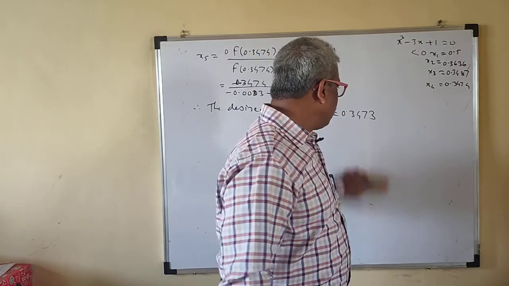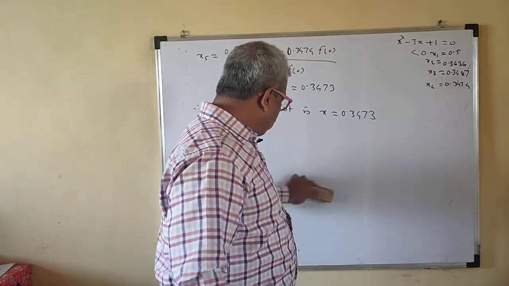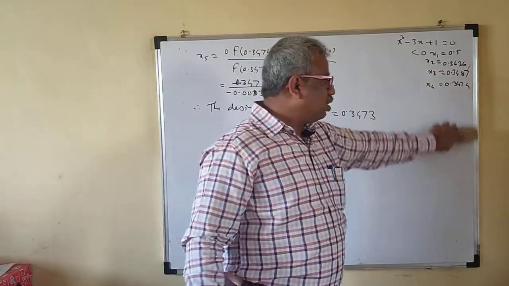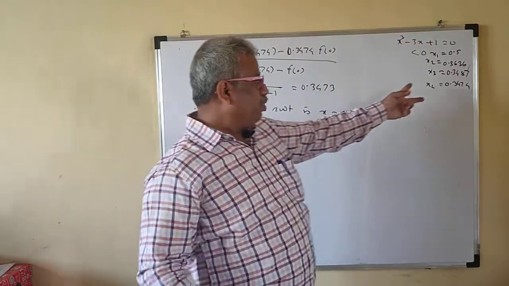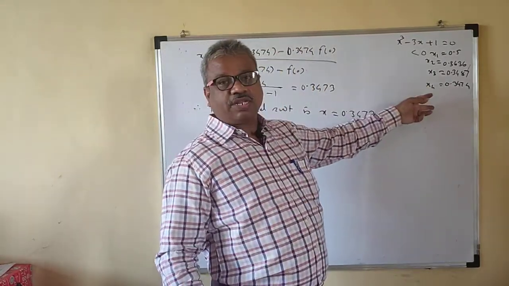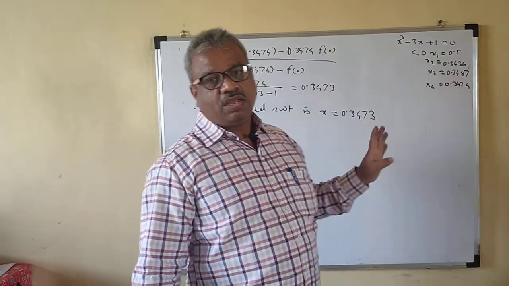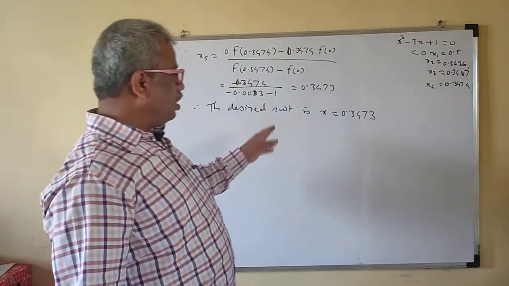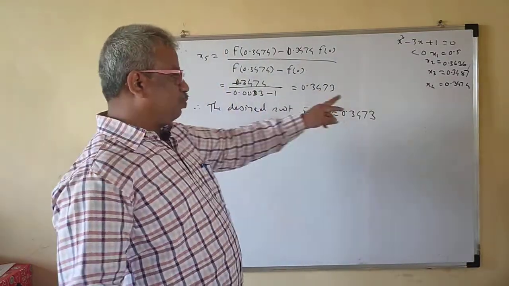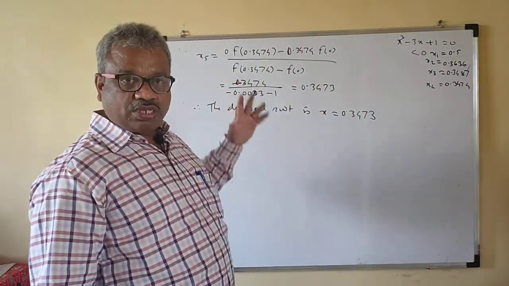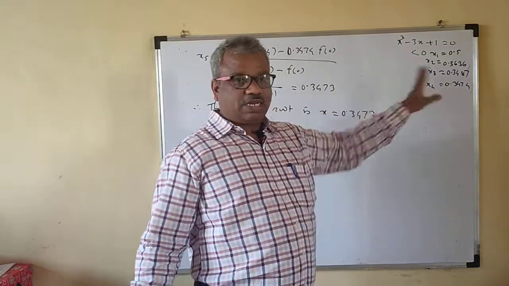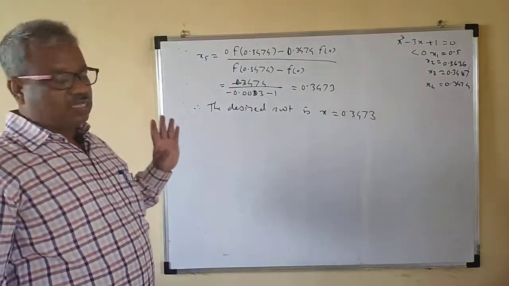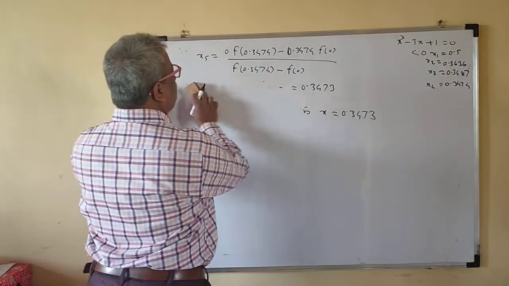In two consecutive iterations, the first three decimal places should be equal. So here x4 and x5 are two consecutive iterations, and their first 3 decimal places are the same. So whatever the last one is will be your desired root.